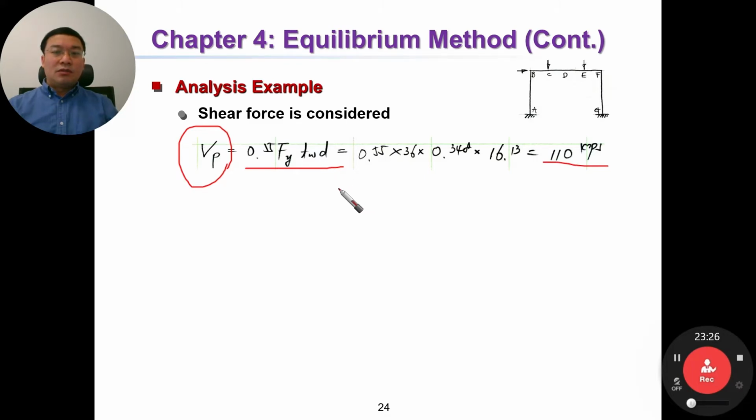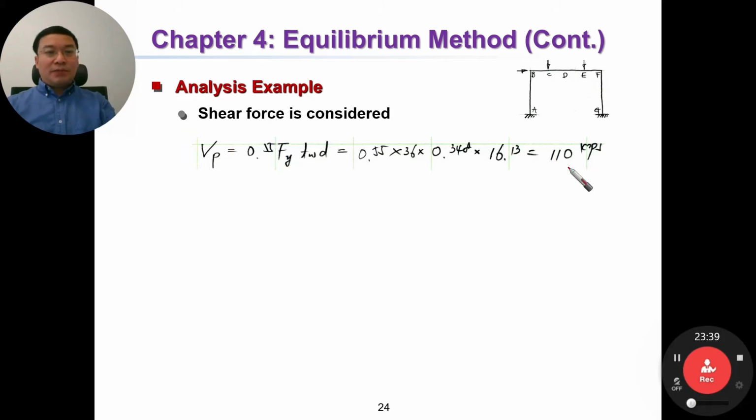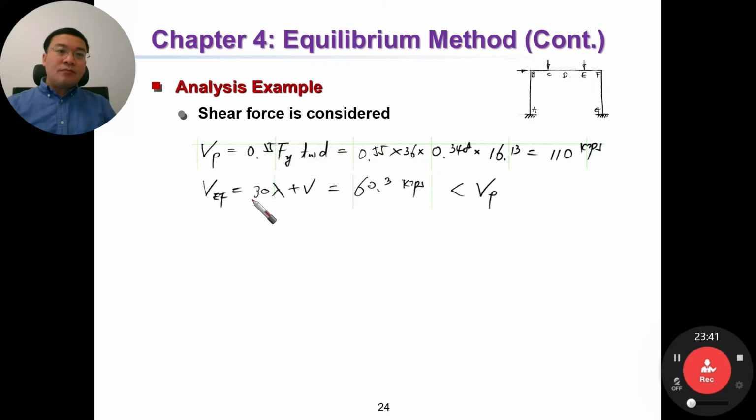Equal to this one. This equation was already mentioned in some previous class, right? And if you don't remember, please check. And it's equal to this. And we check V of this section, because we know that V of this section is the biggest value.